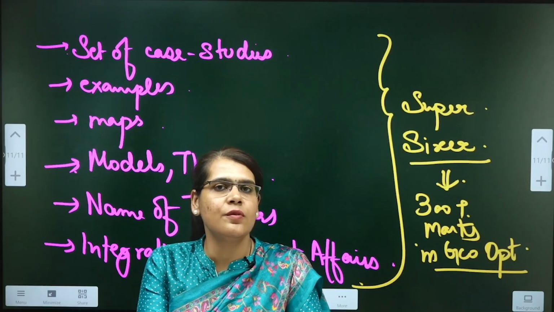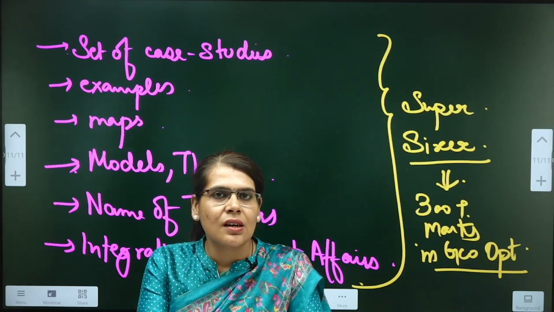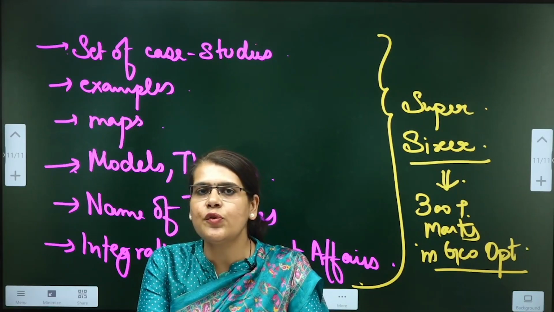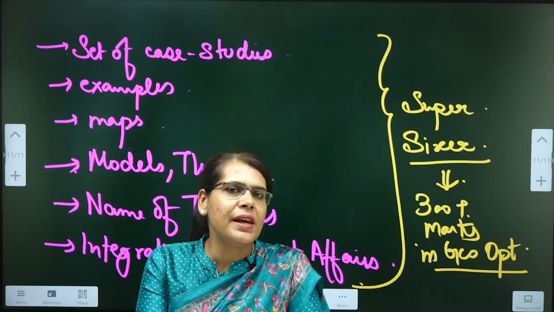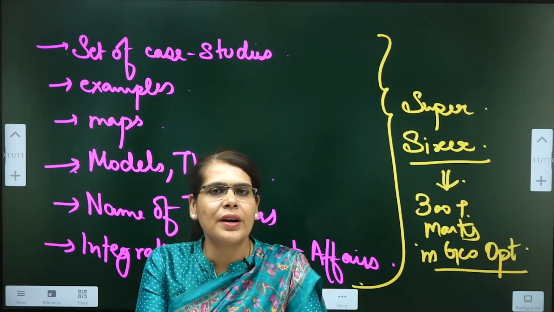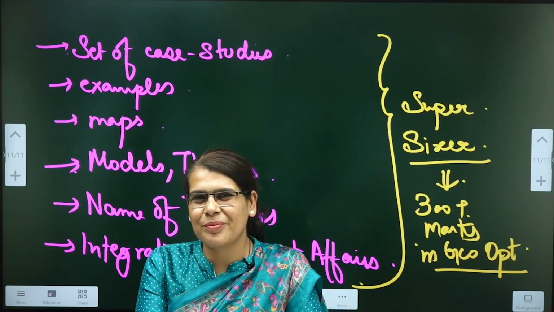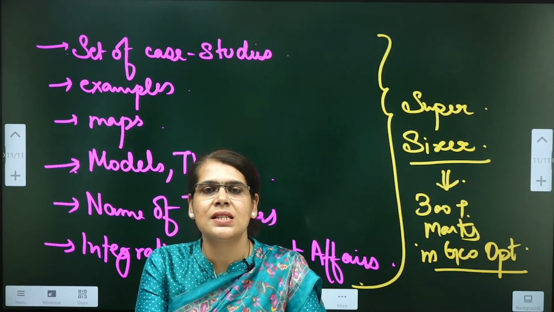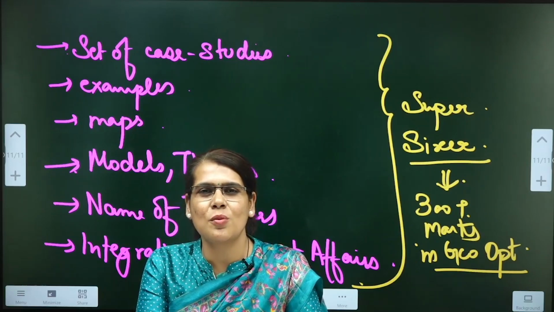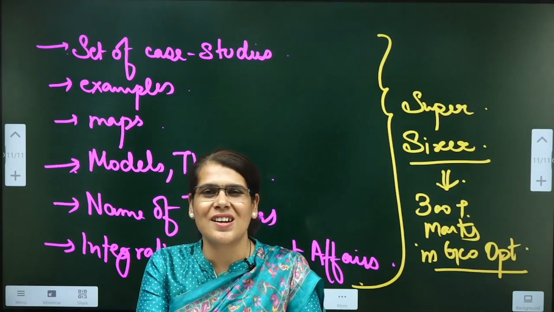There are certain fundamental principles which you must not miss while formulating your strategy for geography optional. Otherwise, you will be getting marks in the range of 205, 210, 220, but not more than that. Because you have made some fundamental errors while preparing your geography optional, because you didn't have clarity on where to start.